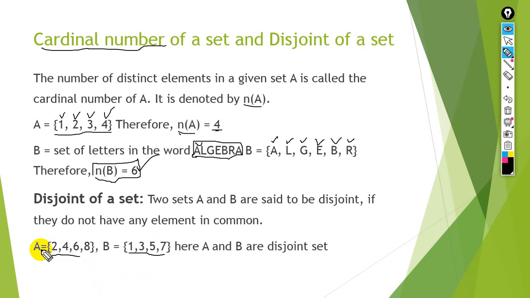Here we have elements 2, 4, 6 and 8, and here the elements are 1, 3, 5, 7. So hence A and B are disjoint sets. Why are they disjoint? Because no element is common between these two sets. So these are the disjoint sets. I hope you understand this.